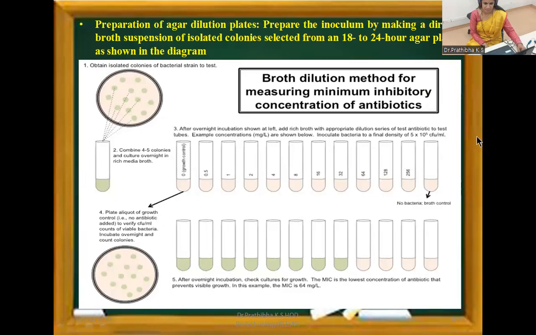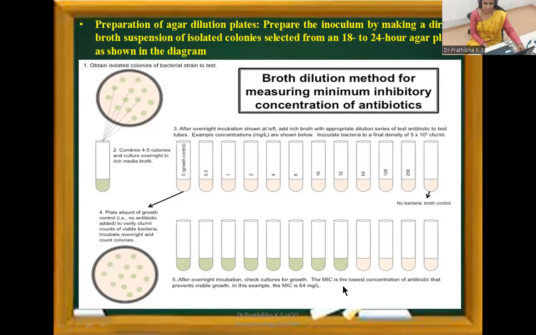In this, first you obtain isolated colonies of the bacterial strain to test. Then second, combine 4-5 colonies and culture overnight in rich media broth. Then you go for the plate overlay. Then after overnight incubation, you check cultures for growth.